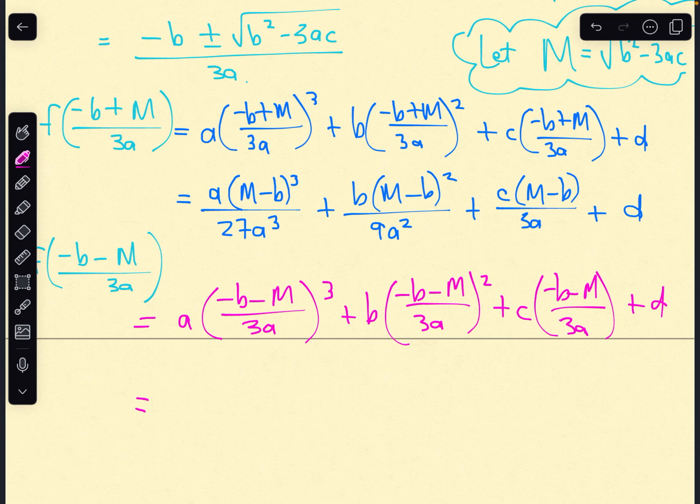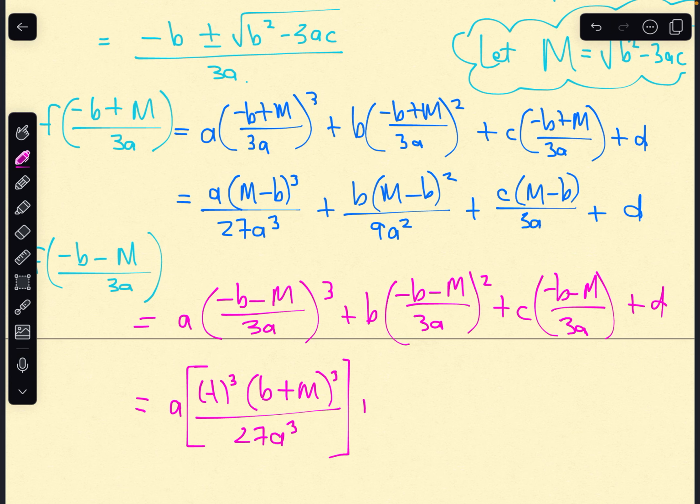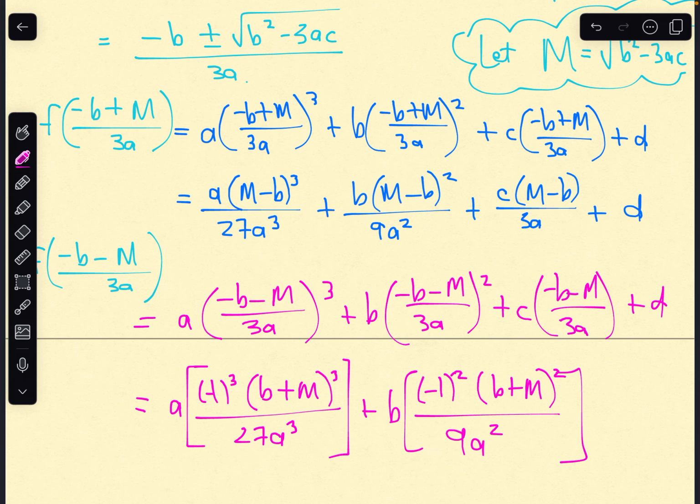Okay, so minus b minus m, I can factor out the minus 1, and then (b plus m) cubed, and this is 27a cubed. Okay, and similar here, down here we'll have 9a squared.